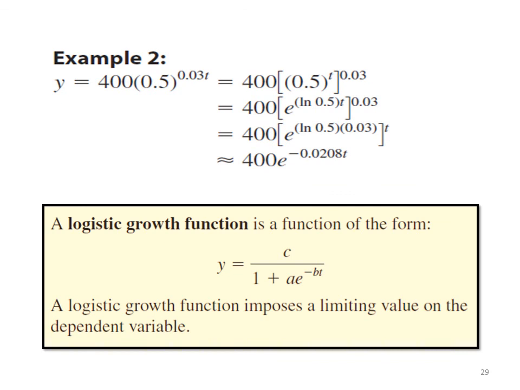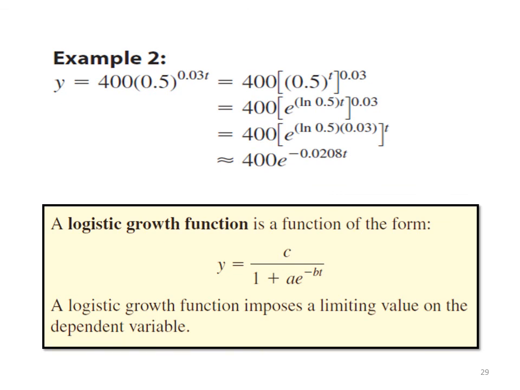Now in the next step, for this 0.5, you can apply the ln and the exponential, so you have not changed the number. You can write it as e to the ln 0.5, and it is raised to the power t. It can be written as e to the ln 0.5 times t, and outside you have the power 0.03.